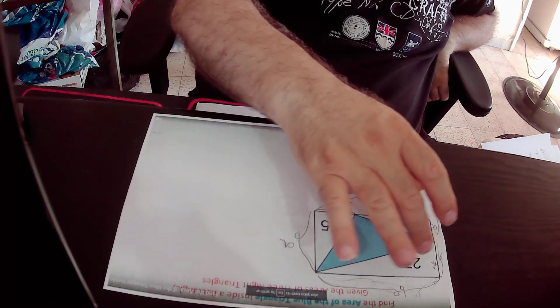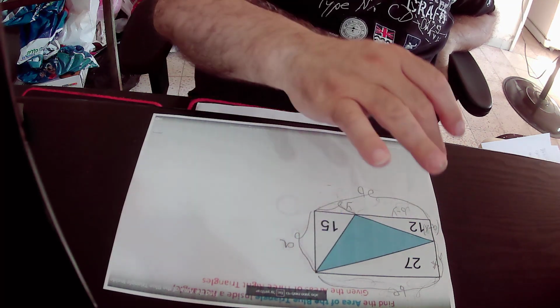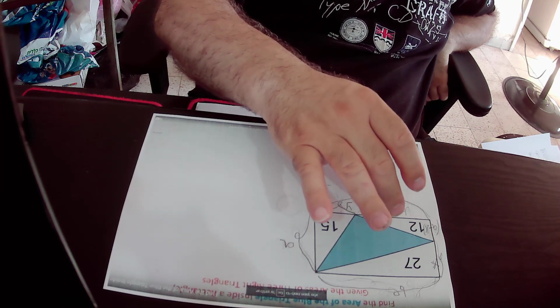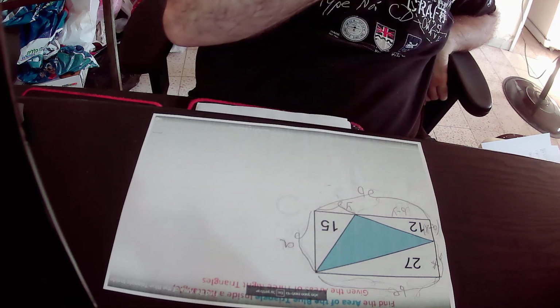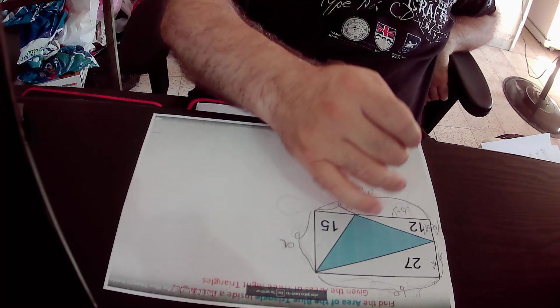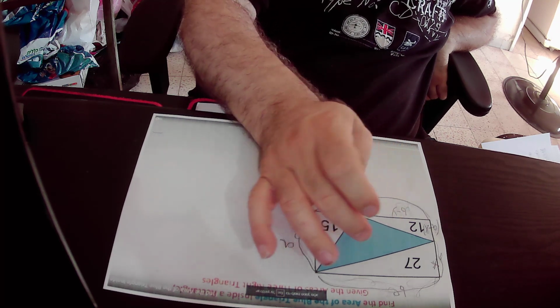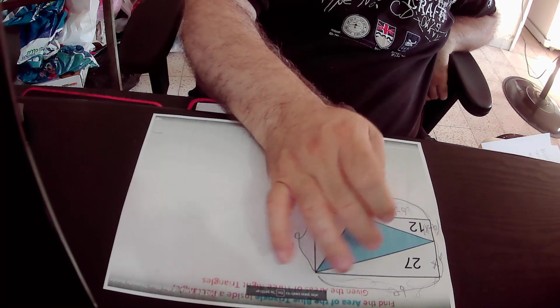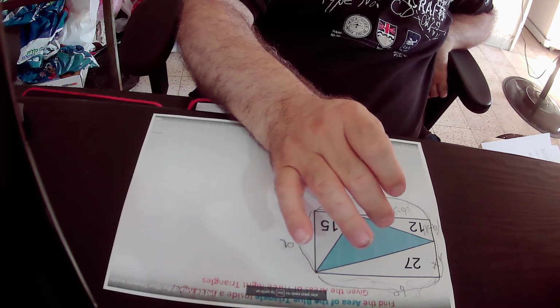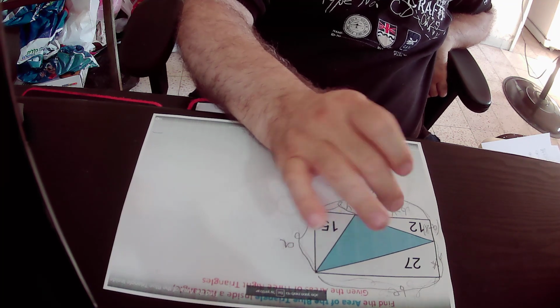So the area of the rectangle itself, which contains the three right triangles, must be greater than 54 units. So 18 units for the area of the rectangle is an incorrect answer.